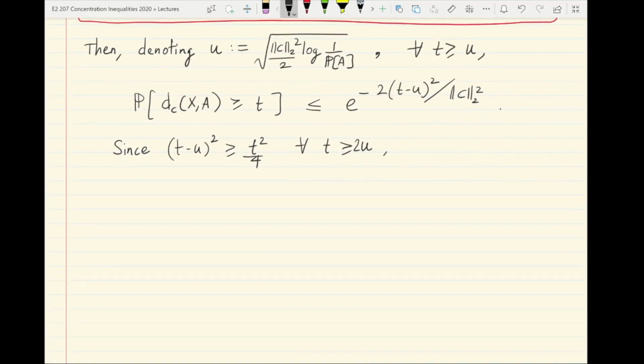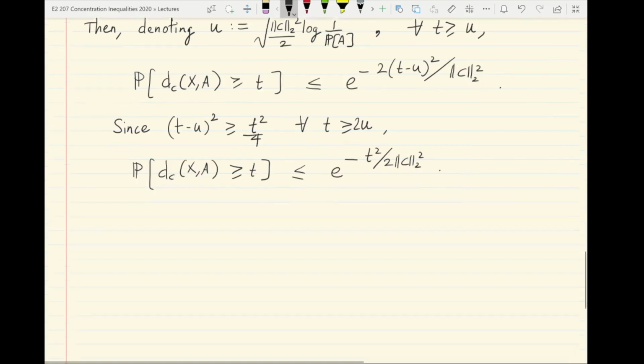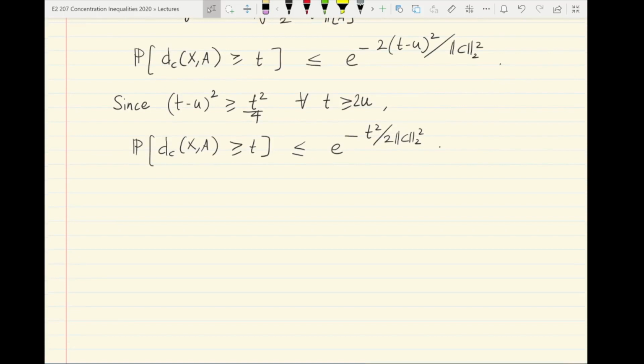So with this we will have that the probability of dcxa exceeding t is upper bounded by e raised to minus t square by 2 norm c square. The 4 has gone into the denominator in the exponent just because of a division by 4, and this is true for all t larger than 2u.